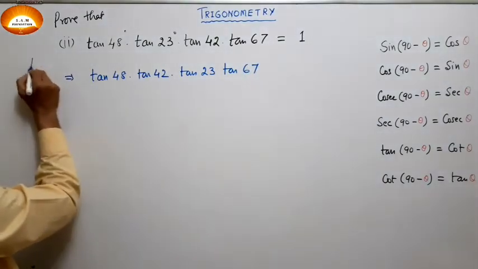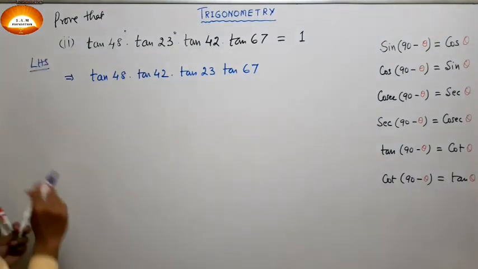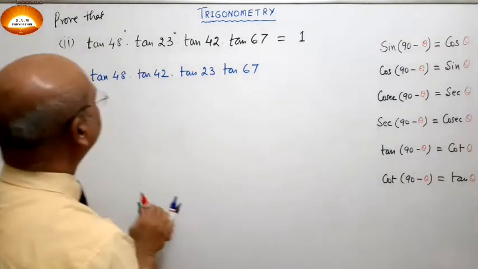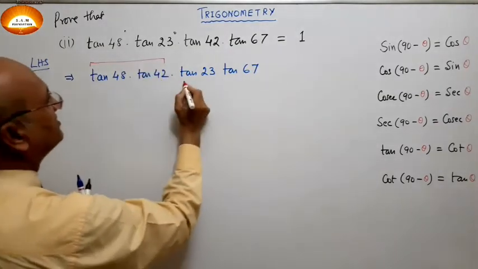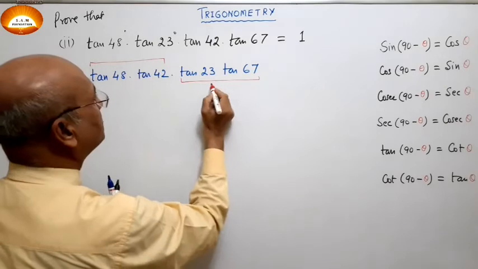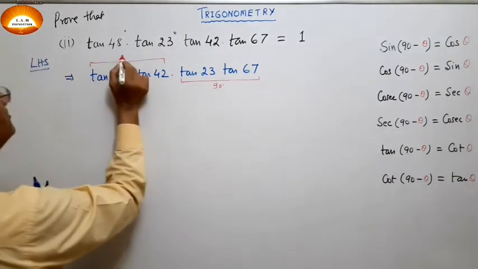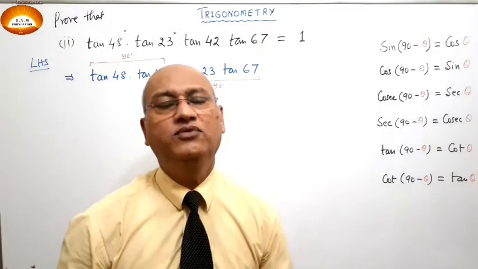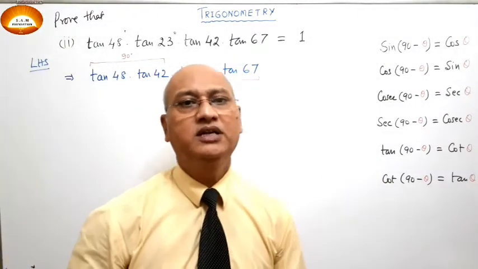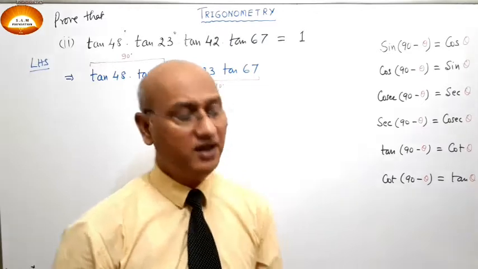We have taken the left hand side, and now can you see the sum of these two angles and the sum of these two angles? Both are 90. So this is the criterion for how we take two trigonometric ratios together. The sum should be 90.